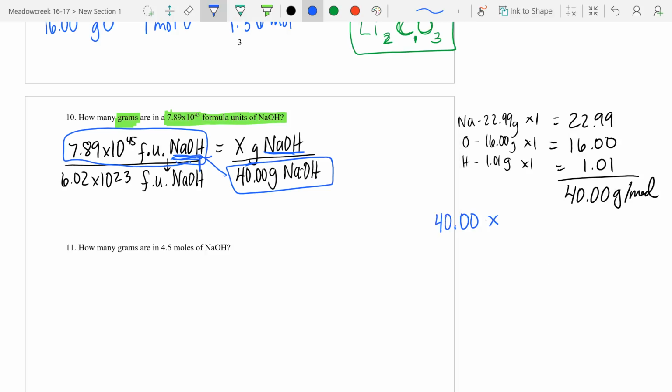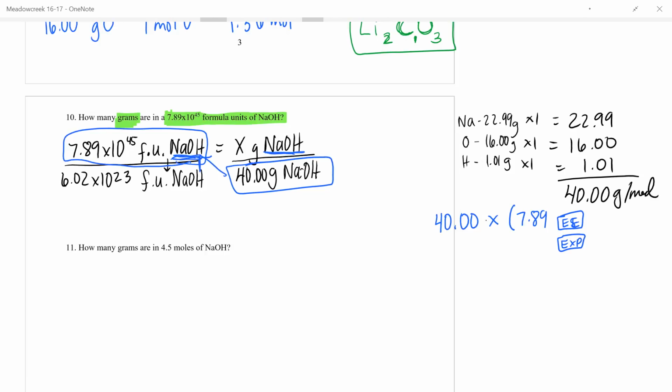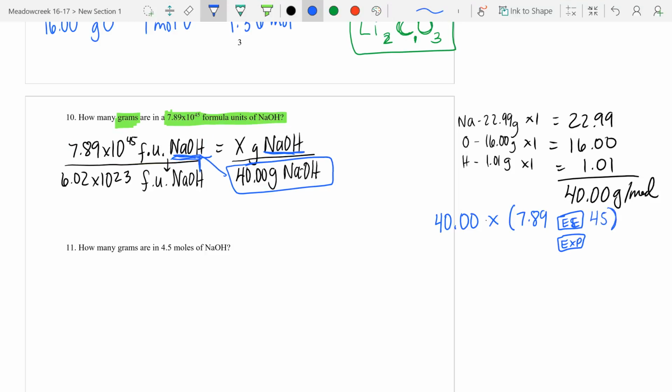So the way we would put this in our calculator is 40.00 times parenthesis 7.89, and then everyone has a button that either looks like EE or EXP. You push that instead of putting times 10. If you push the EE button, do not put times 10 in your calculator, and then we just put our exponent.